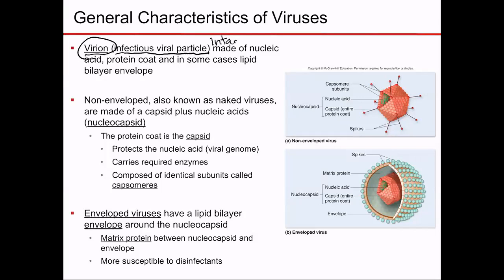Because everything is there, that virus is going to be capable of infecting and producing viral progeny. Now, sometimes viruses may lose an essential structure and become what we call defective viruses.